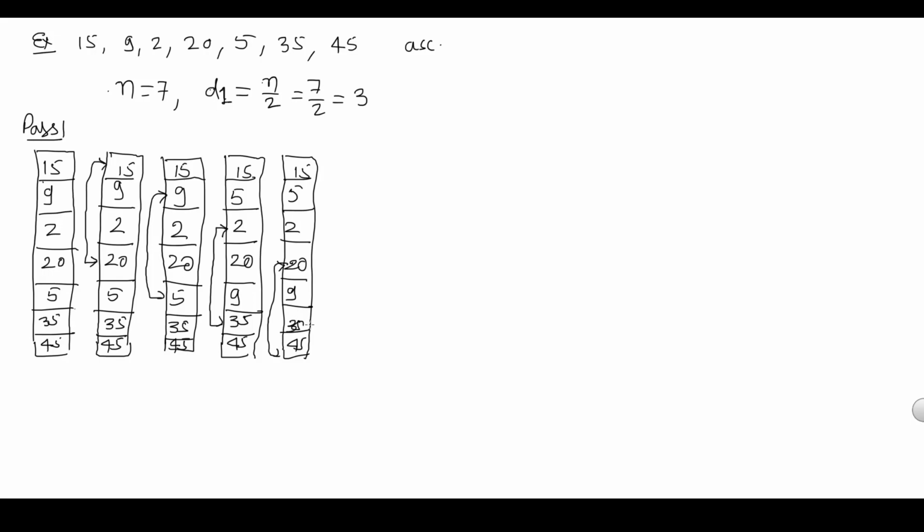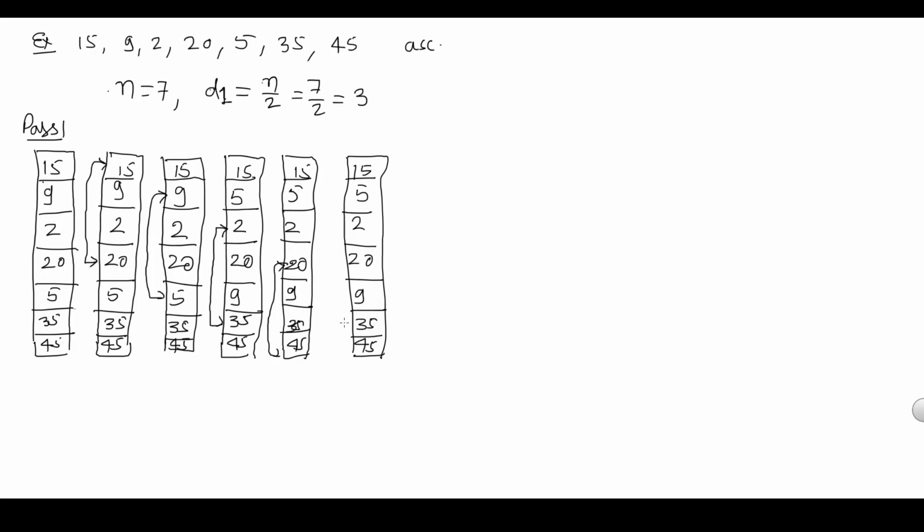So 20 is less than 45, no swapping is required. So the final array after pass 1 is 15, then 5, then 2, then 20, then 9, 35 and 45.